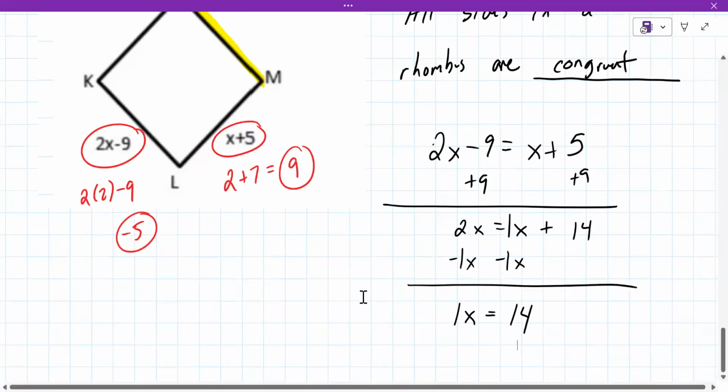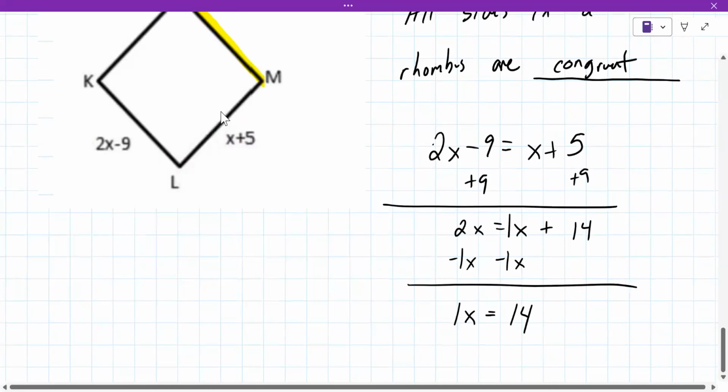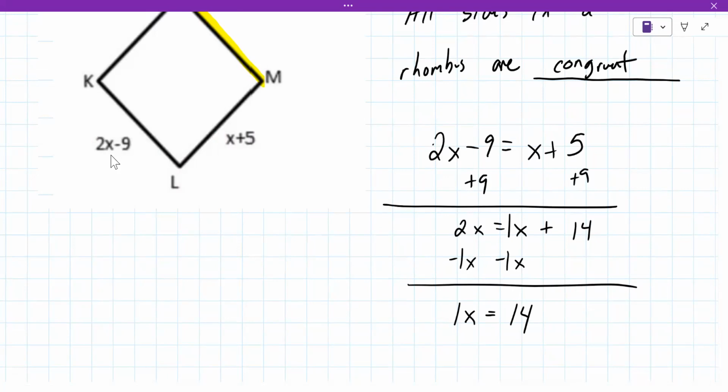Okay, now I want you to put that back in with the x's over here and tell me what you come up with. 19.